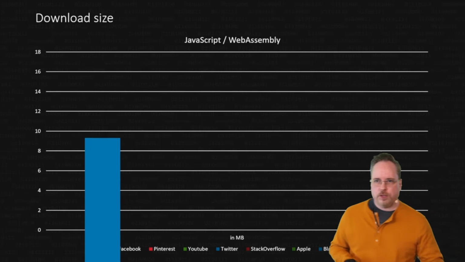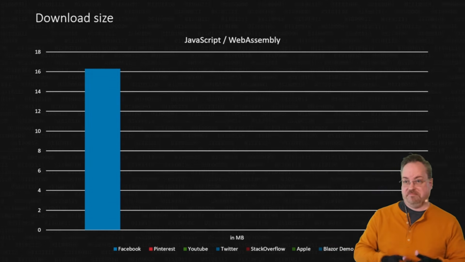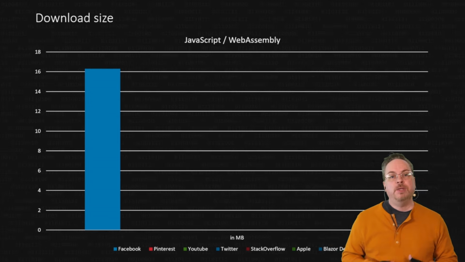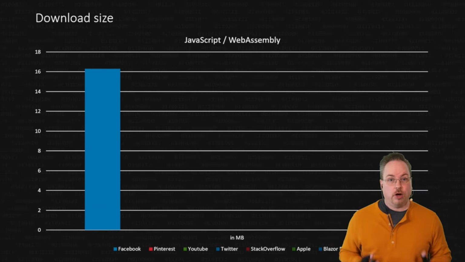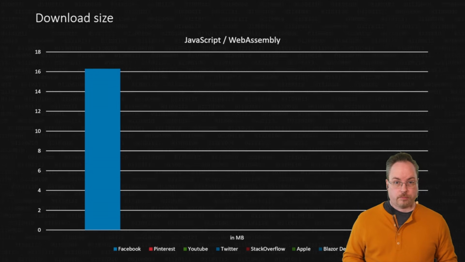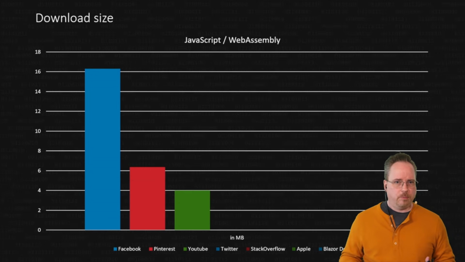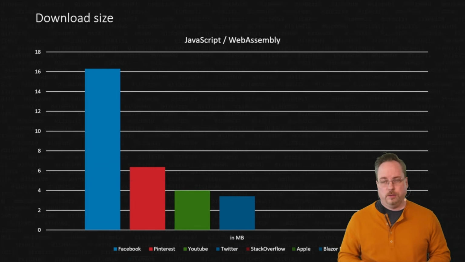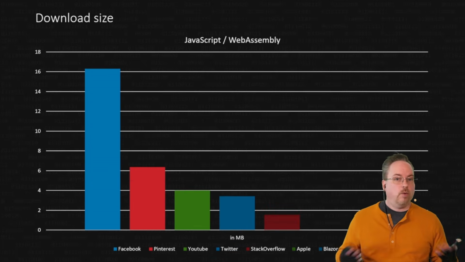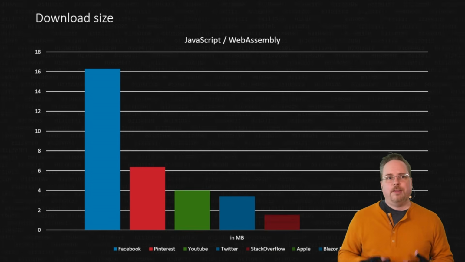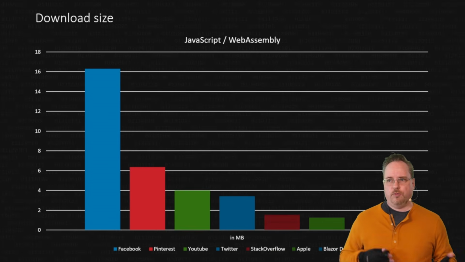Now, Facebook, for example, at that time, this is a couple of years old data, to be honest, was 16 megabytes of JavaScript. Pinterest was over 6 megabytes. YouTube was a little bit more than 4. Twitter, well, back then it was Twitter, a little bit more than 3. Stack Overflow 1.5. And the Blazor demo site was around 1.2.